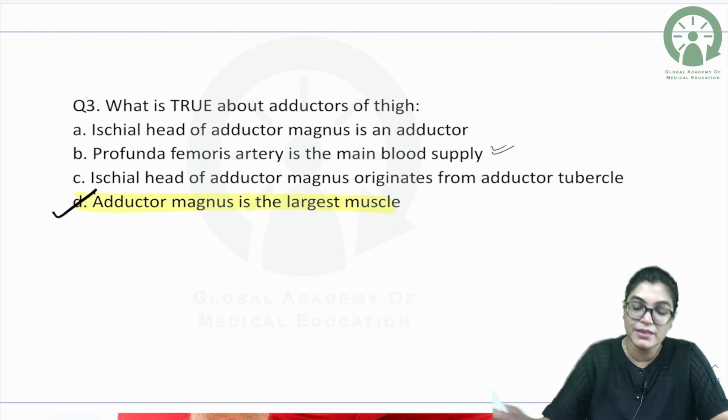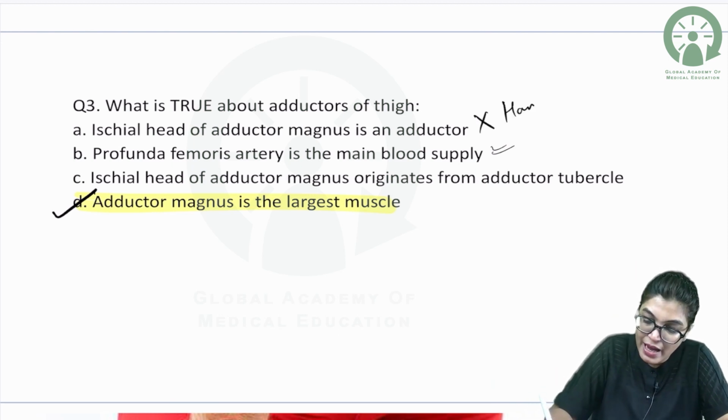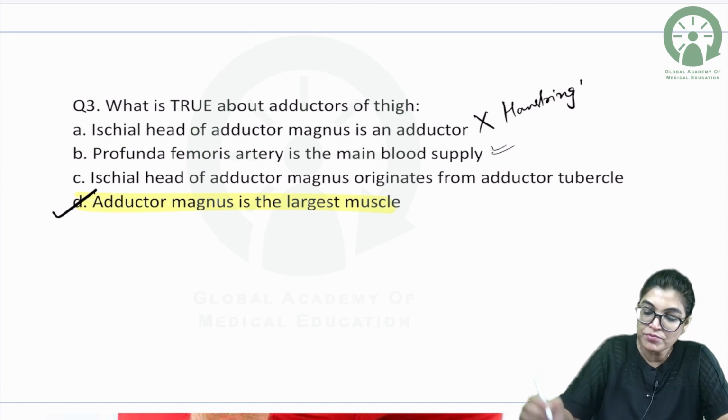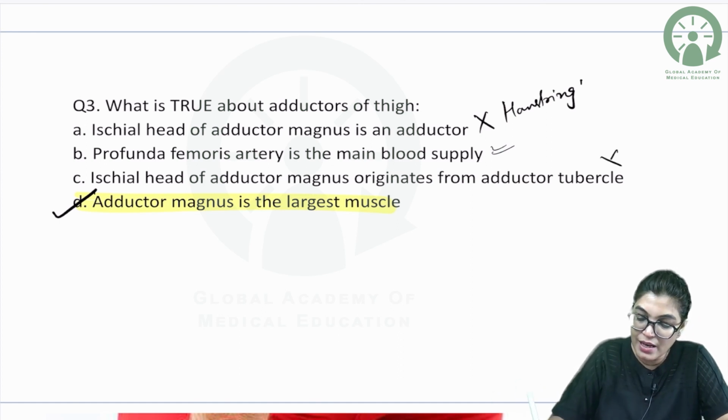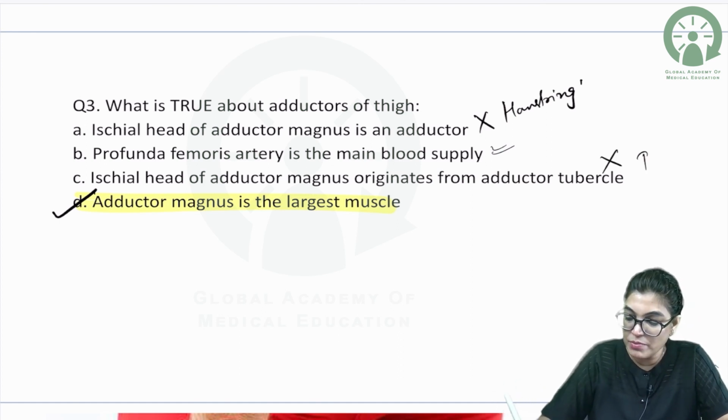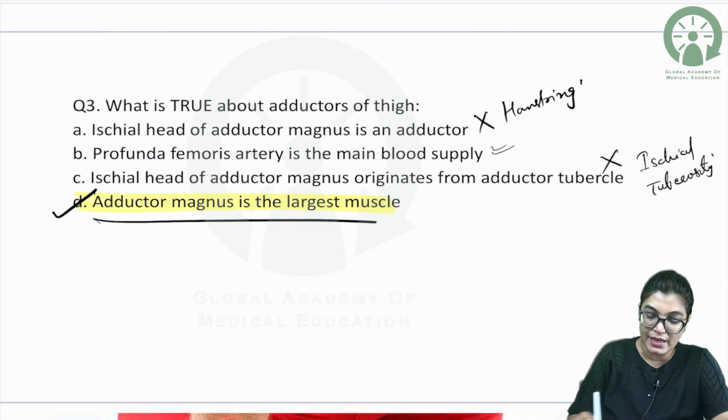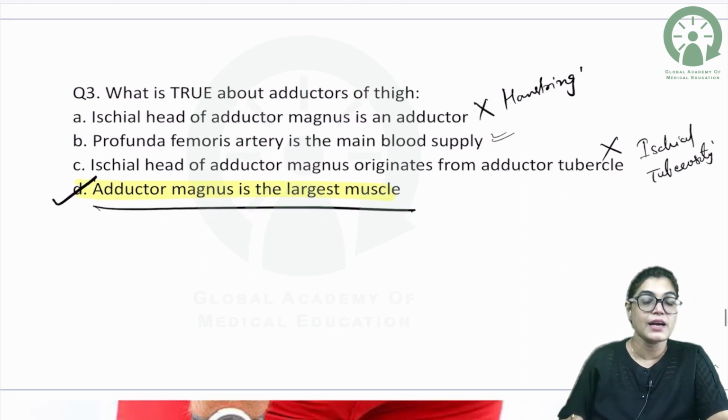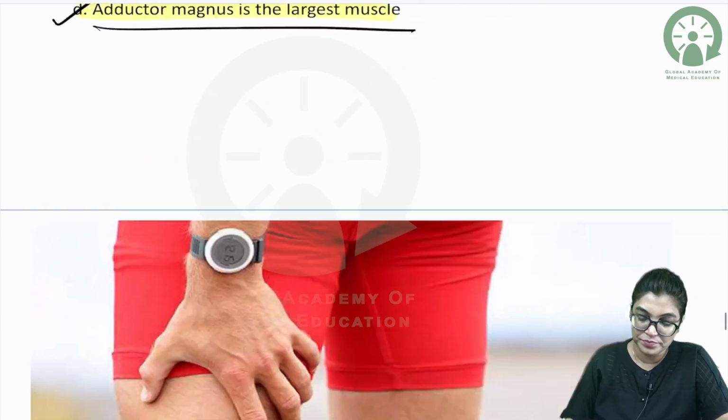Ischial head of adductor magnus is not the adductor part, but it is the hamstring part of adductor magnus muscle. It originates from the ischial tuberosity and not from the adductor tubercle. So the best correct answer is that adductor magnus is the largest muscle of the adductor region.